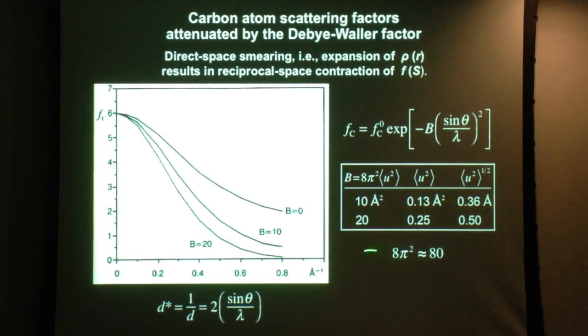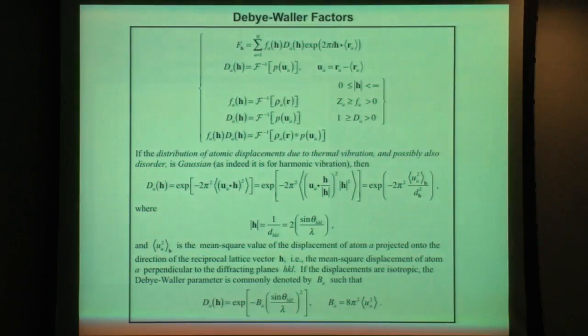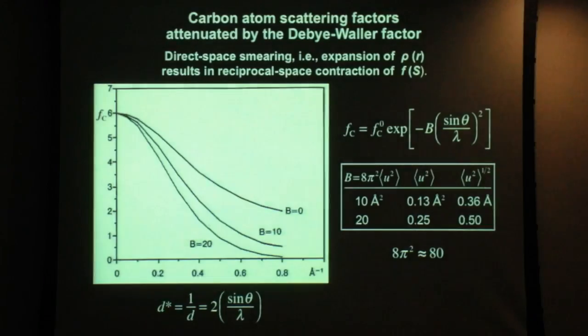Well, you multiply by 8 pi squared. Oh, that was on the previous slide. Yeah. So the physics is such that what B means is 8 pi squared, because these pi squared enter in here if you follow through the logic of the derivation. B is 8 pi squared times the mean square displacement.